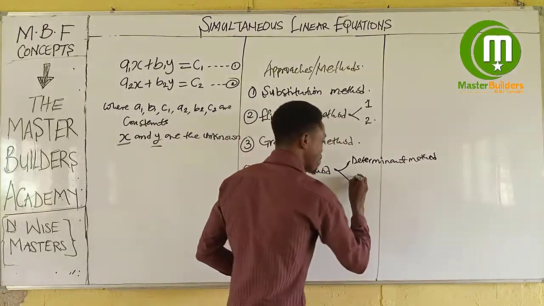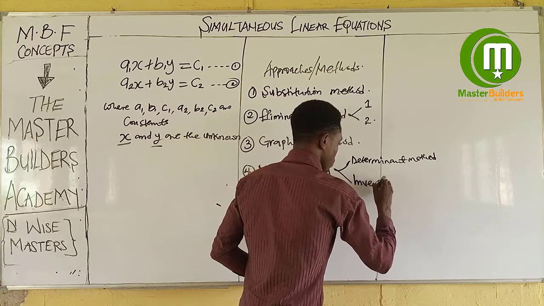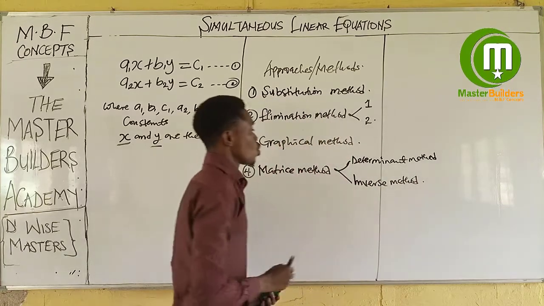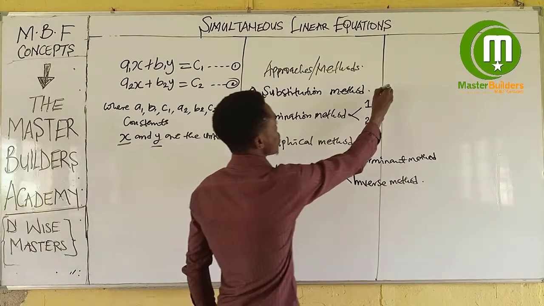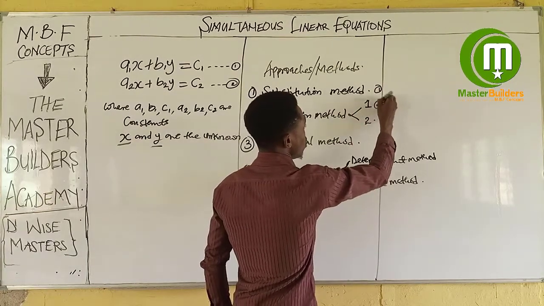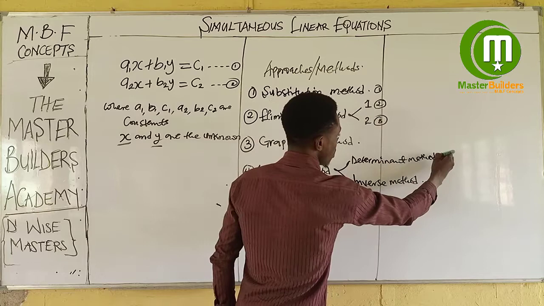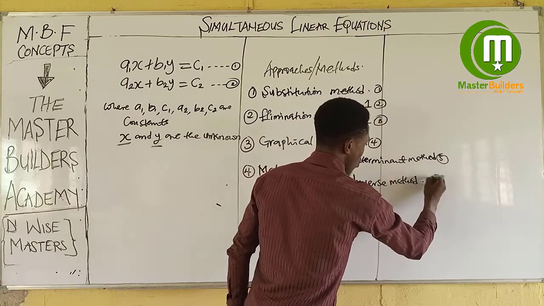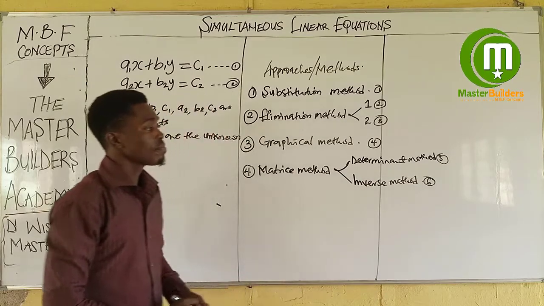Then we have the inverse method. So looking at this now, if I call this 1, then this becomes 2, this becomes 3, this becomes 4, this becomes 5, and this becomes 6.